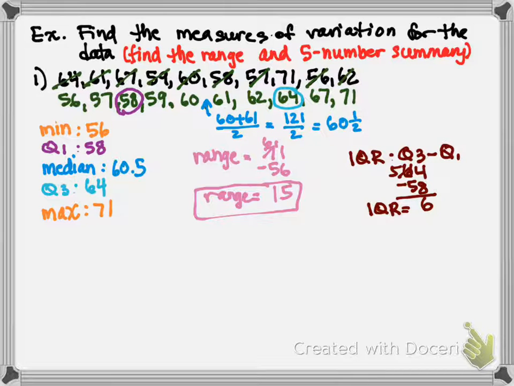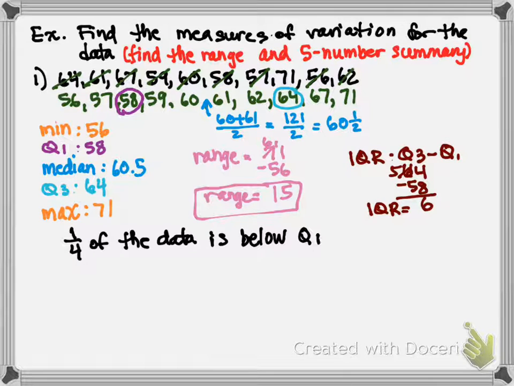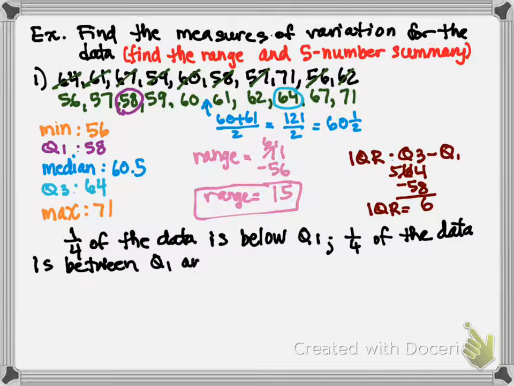So here's some things that I can look at my data and I can make kind of just an observation. And I could say 1/4 of the data is below quartile 1, or less than. Okay. 1/4 of the data is between quartile 1 and the median.